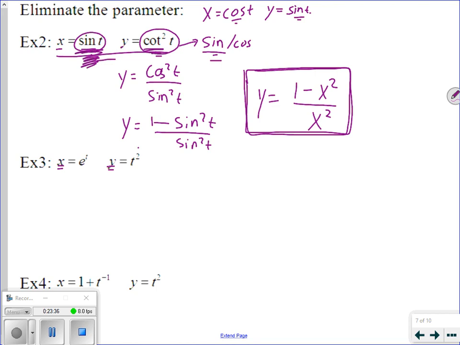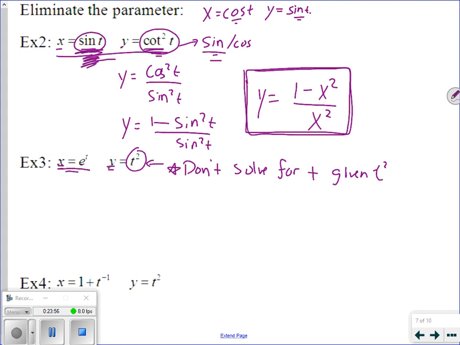Let me give you a little hint: if you ever have t squared, don't solve for t given t squared. You never want to have t equals plus or minus something. That doesn't make substitution that easy.